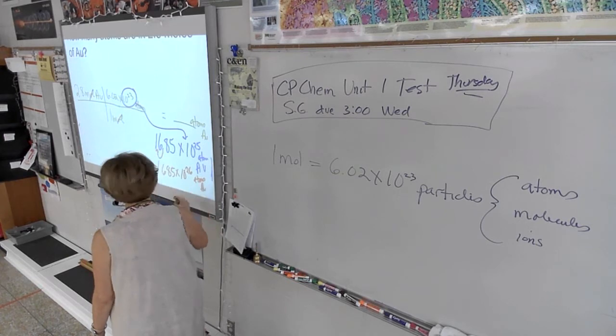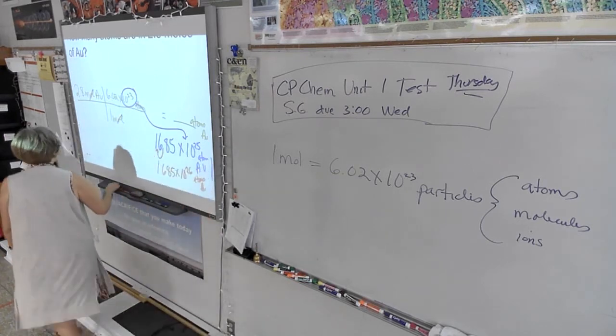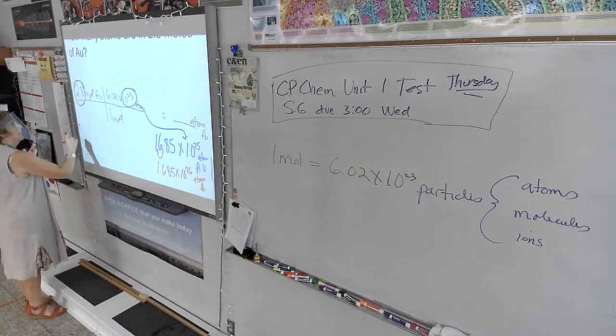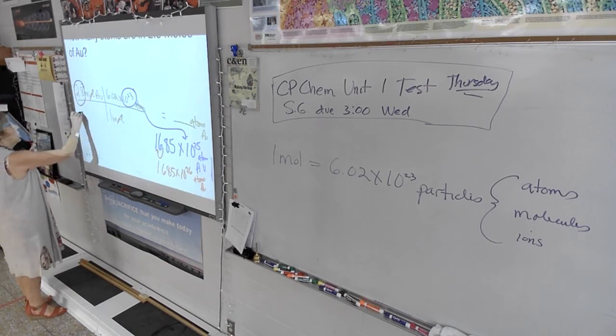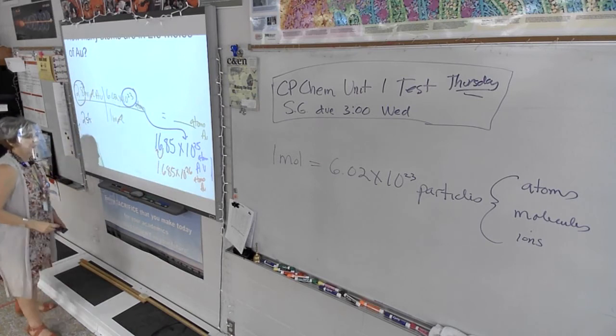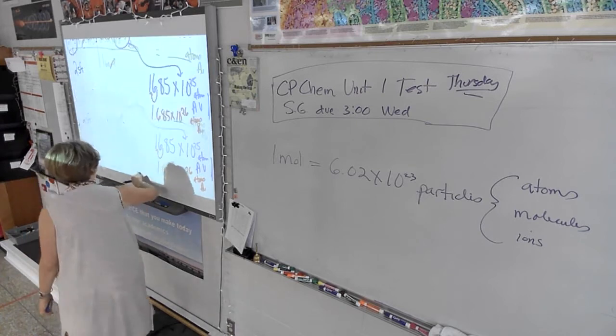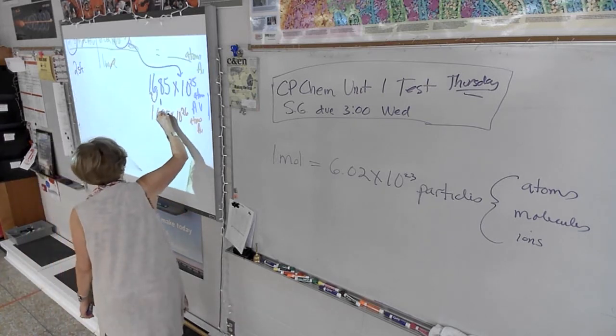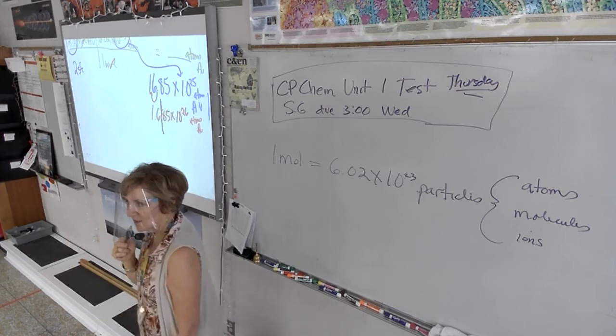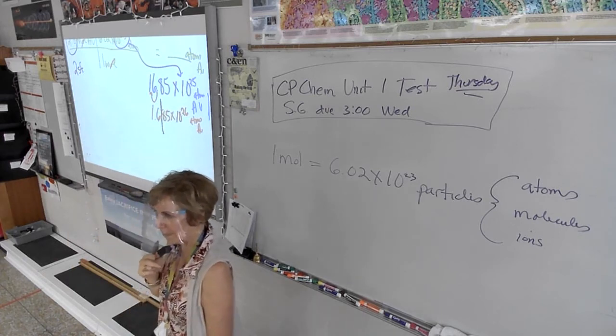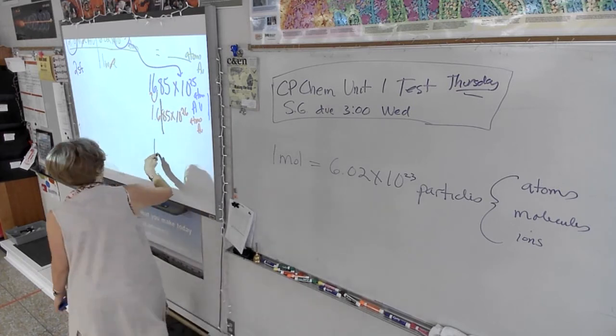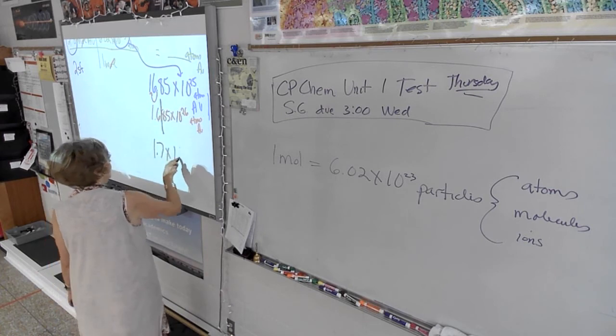Atoms of gold. And the last thing I do is I look right here and I say, how many sig figs? 2 sig figs. And so then I have to chop this off right there. So what does that round to? 1.7 times 10 to the what?